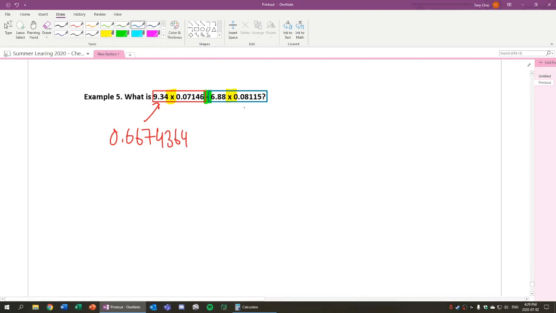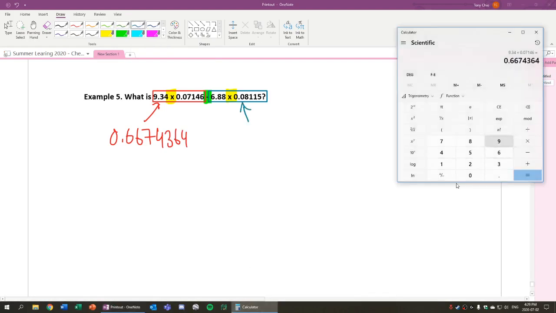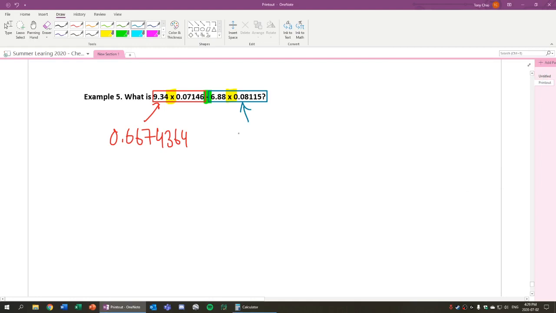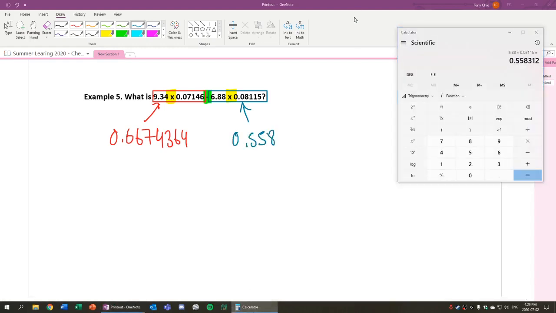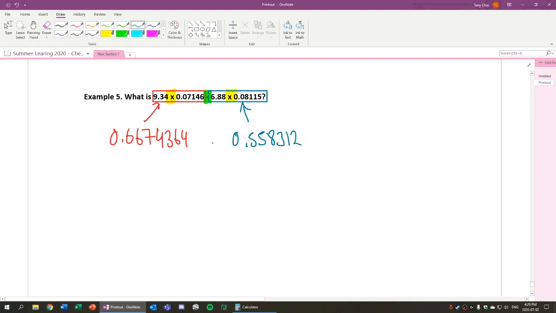When I perform it on this one, 6.88 times 0.08115, I will get this number, in this case, 0.558312. And of course, I have a subtraction I still need to perform.